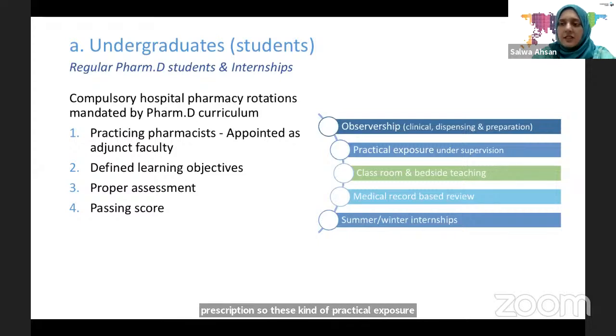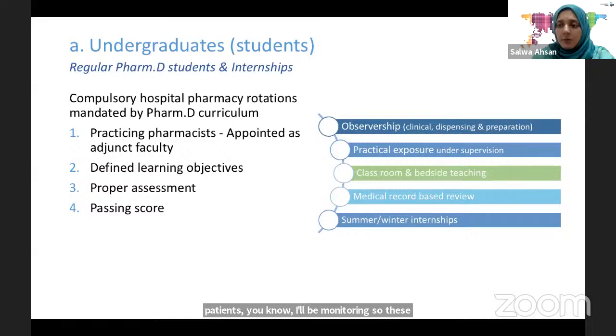Then bedside teaching, classroom teaching on certain defined topics. And then we have medical record-based review, like patient progress notes, patient history taking, laboratory monitoring. So these kinds of activities.